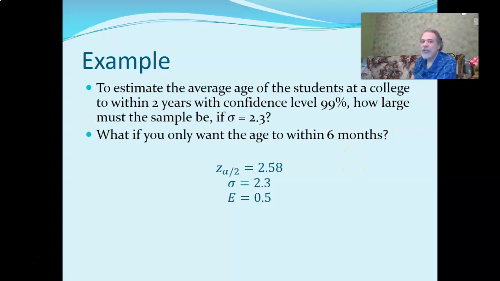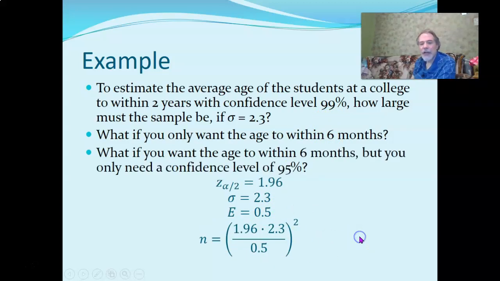We're measuring ages in years, but 6 months would be half a year, 0.5 in years. So the number we're putting in for our maximum error of the estimate, our margin of error, is half a year, 0.5.